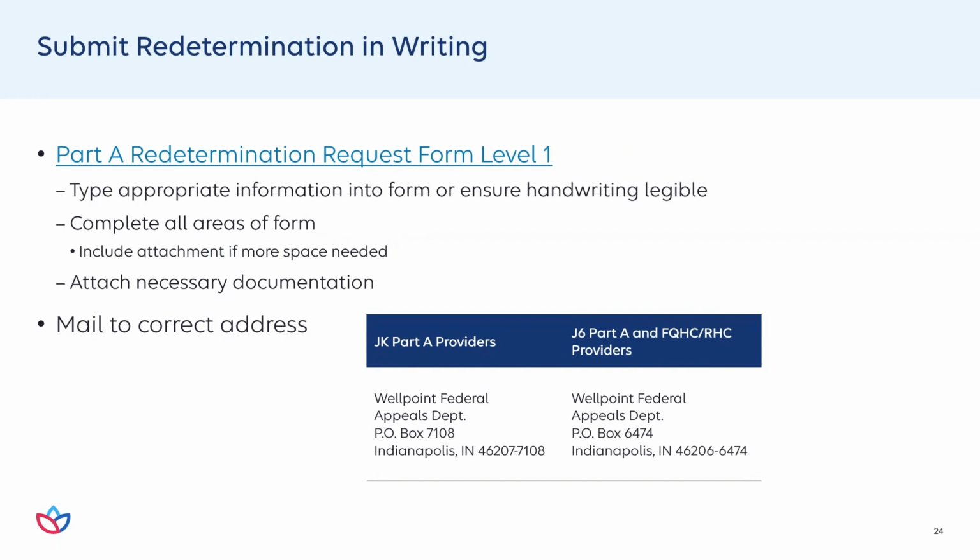Your JK providers are your New England states plus New York, and J6 Part A providers are in the Midwest, three states. FQHC and RHC providers are all over the place. Those slides were included in our pre-webinar slides, so make sure you're sending to the correct PO box.